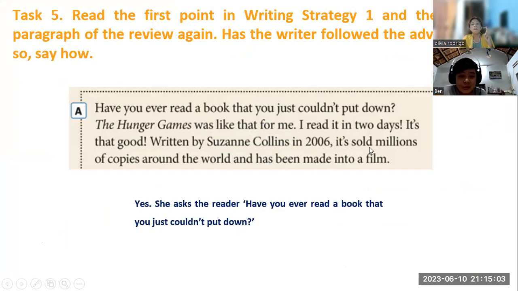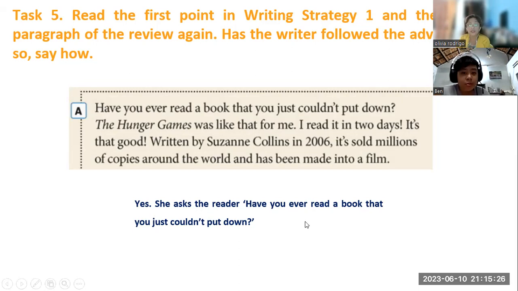It sold millions. Imagine, Ben, after they produce a movie, there's a production of a book. Imagine there's already a movie. Millions of copies around the world and it has been made into a film. Okay, really, because it's a very nice movie.